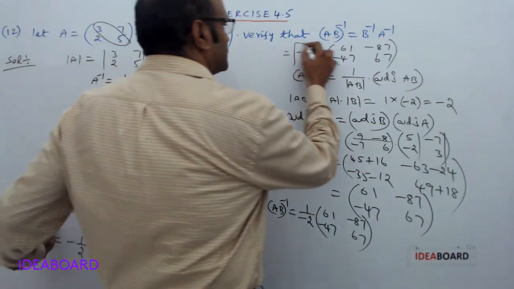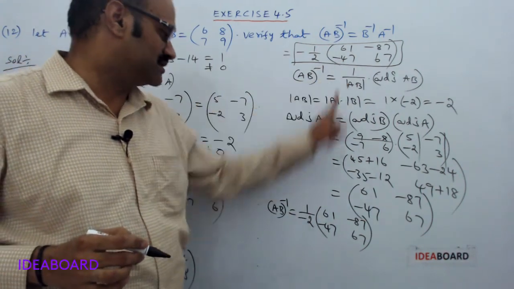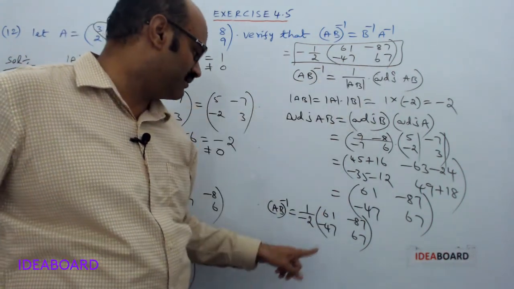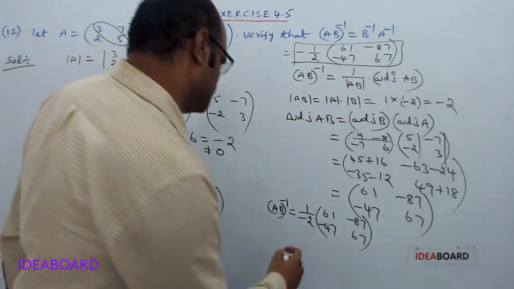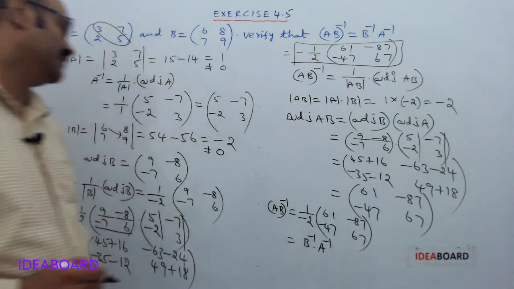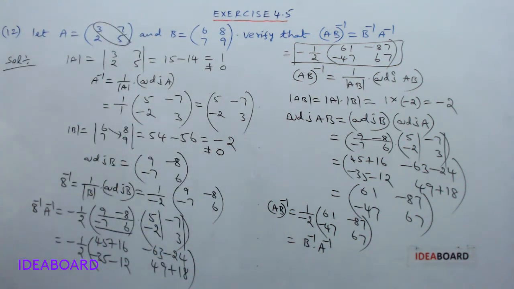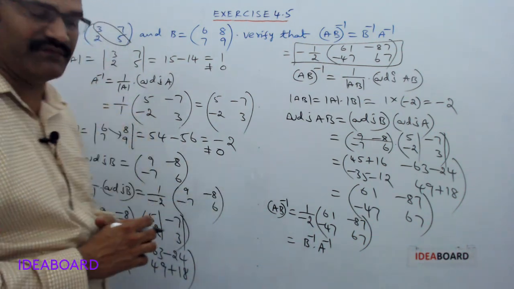We are also getting the same, minus 1 by 2 into 61, minus 87, minus 47, 67, which is equal to B inverse into A inverse, hence proved. So AB whole inverse is always equal to B inverse into A inverse.